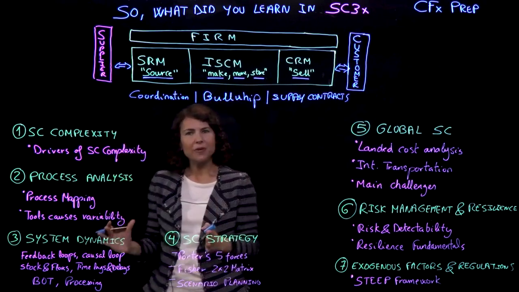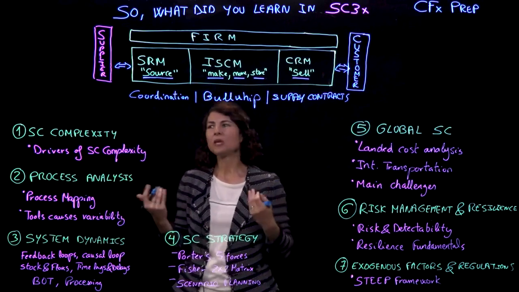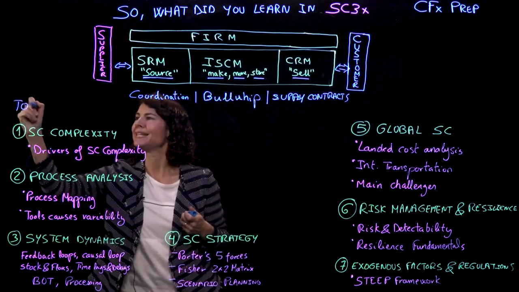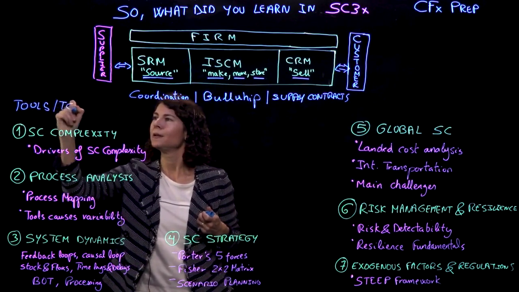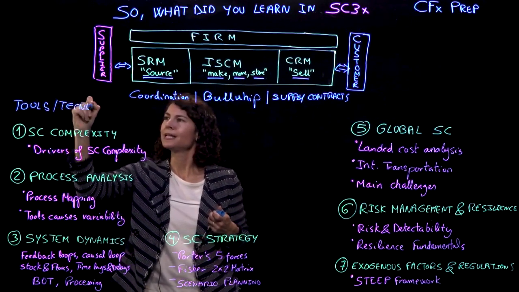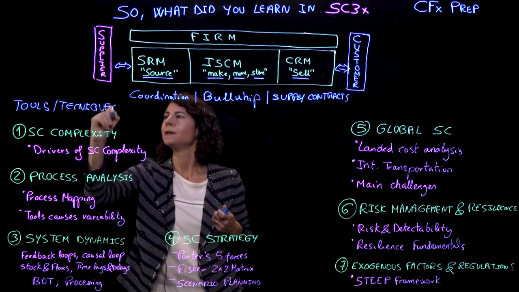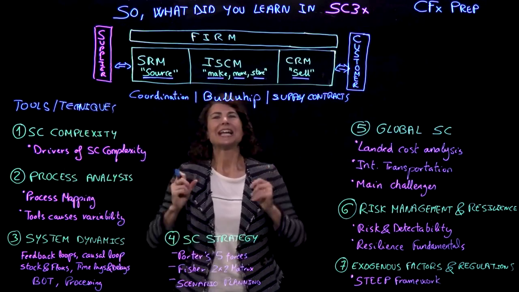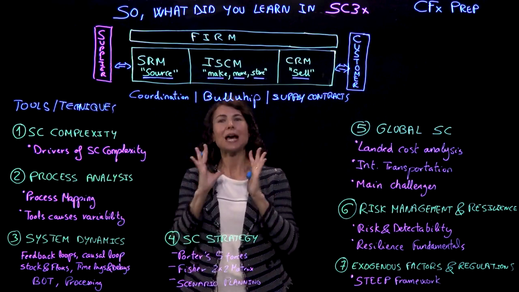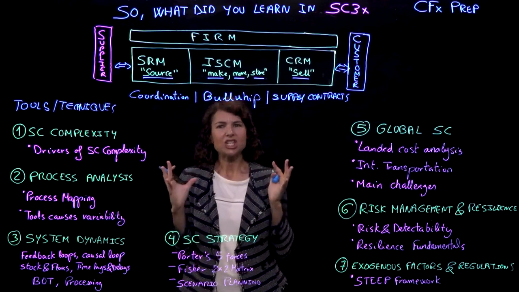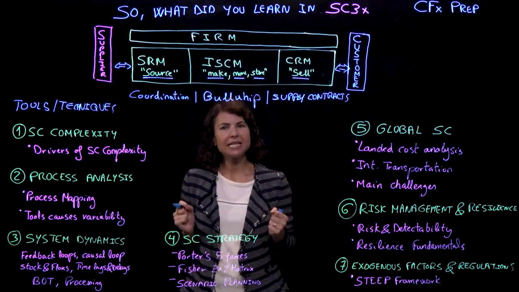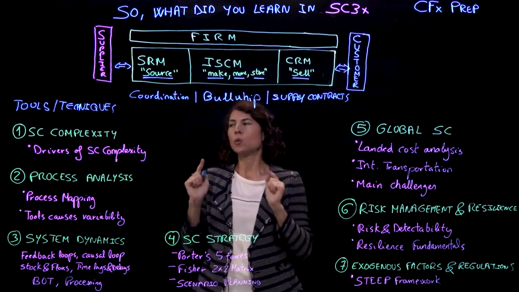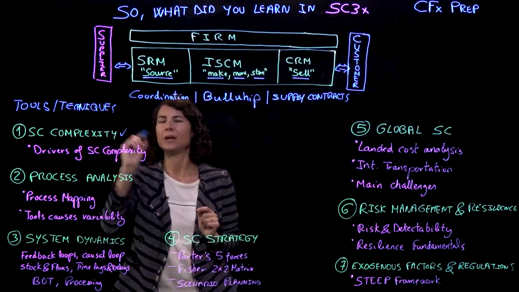In the first part of the course, we mainly review tools and techniques that help us to manage and deal with this complexity in supply chains. So we start with supply chain complexity.